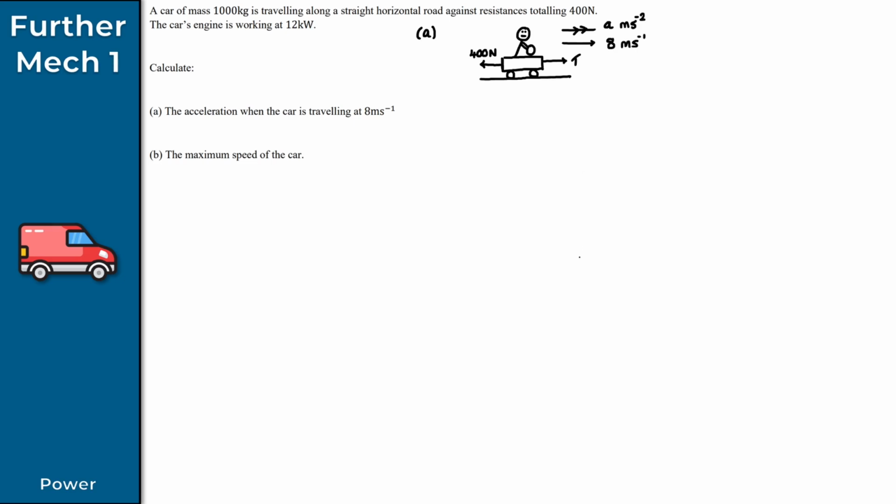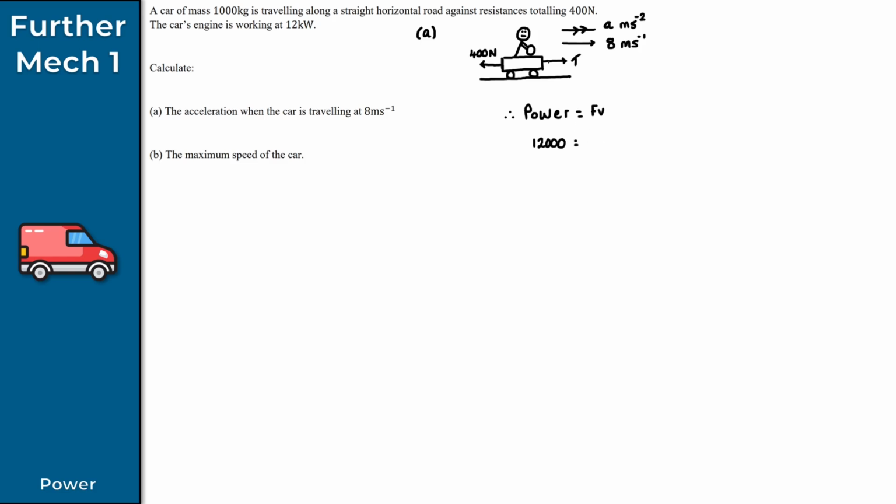Now, for part A then, like we said, all we want to find here is the acceleration when the car is traveling at 8 meters per second. So to begin with here, we know that power is equal to FV. Well, the power then is 12 kilowatts. So 12 kilowatts is 12,000. So 12,000 is equal to FV.